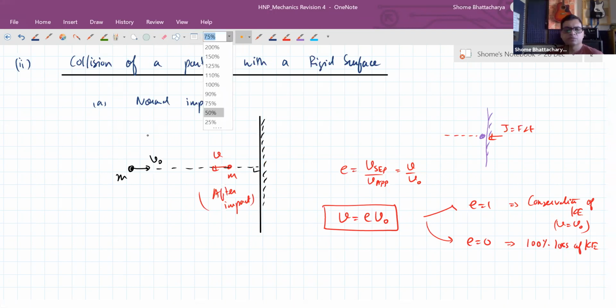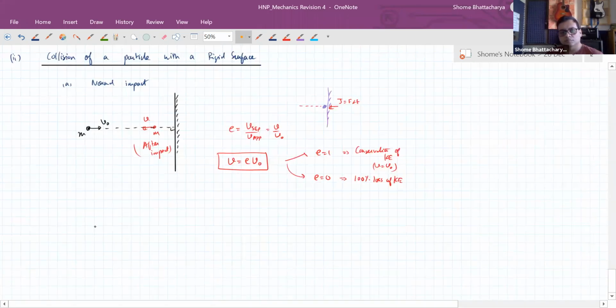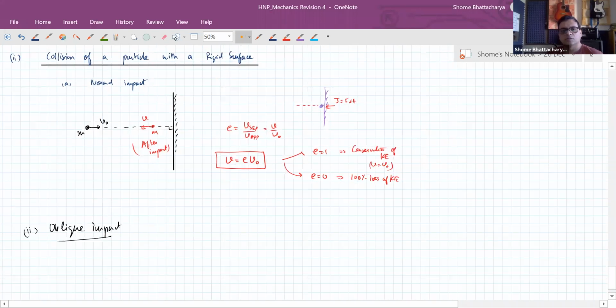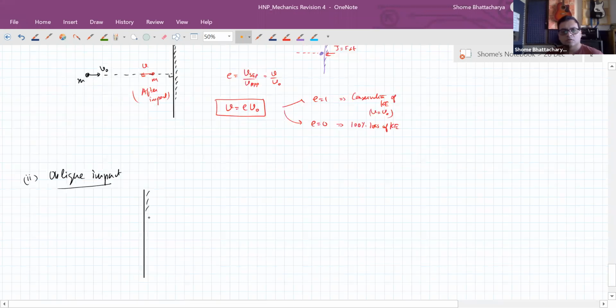Whereas when we have the oblique impact, in that situation, if this is colliding such that with respect to the normal at the point of impact, this angle is theta, like an angle of incidence, then what happens is as the collision occurs, the impulse transferred is in this direction.